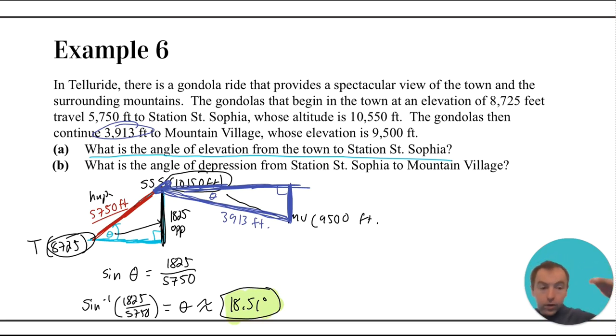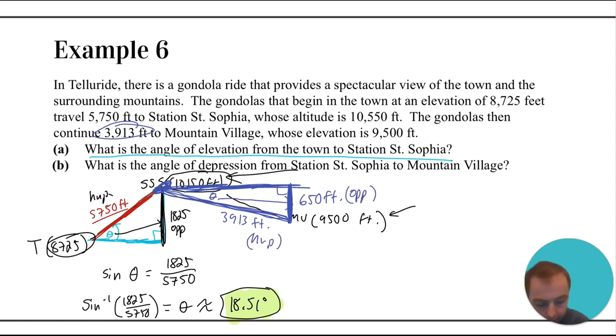And then we also do know the elevations of the two towns. So if we just subtract this elevation of 10,550 from this elevation of 9,500 feet, that would be an elevation change of 650 feet between the two towns. And then we could use some trig, because across from that theta would be the opposite side, and this is the hypotenuse. So again, we could use a sine ratio.